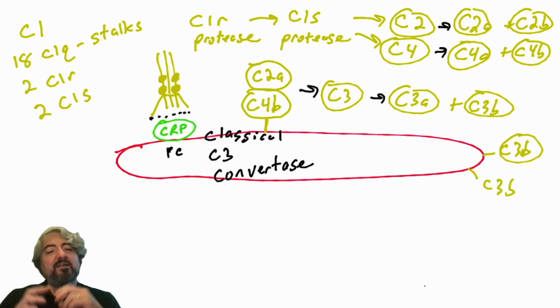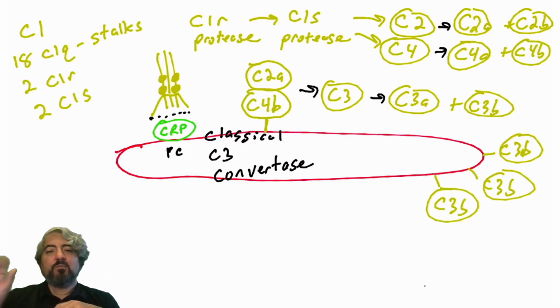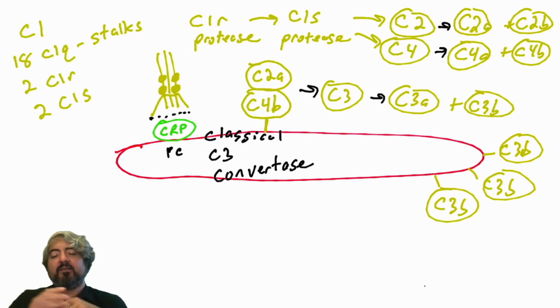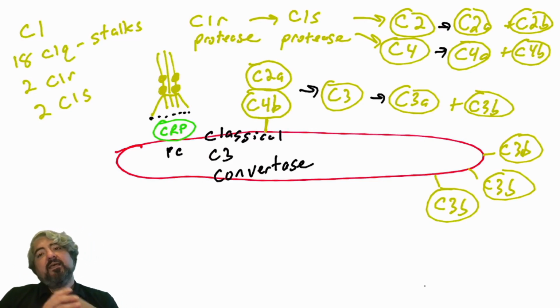We know C3b has a very active thiol ester bond, so boom, it starts fixing to the surface of the pathogen. So we are marking the pathogen with C3bs. And we know what C3bs do, right? When they're fixed to the surface of the pathogen, they activate the effector mechanisms of complement, like opsonization. A macrophage should come in here and bind the C3bs with the CR1 receptor. The macrophage eats the pathogen: opsonization.